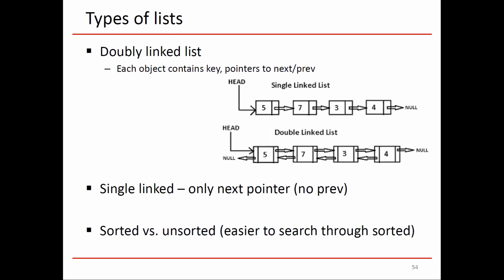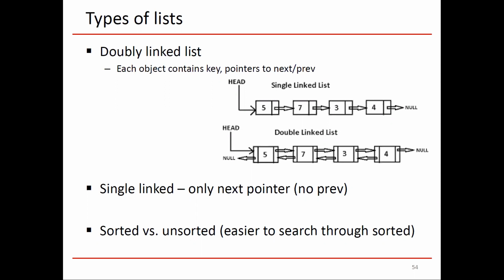And one interesting feature of lists is that if they're sorted, for either a singly or a doubly linked list, you can search for the correct location where you want to insert a new object, and then you can modify the pointers of the object that should be right before it and right after it.